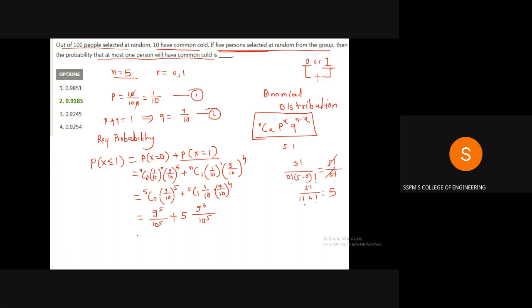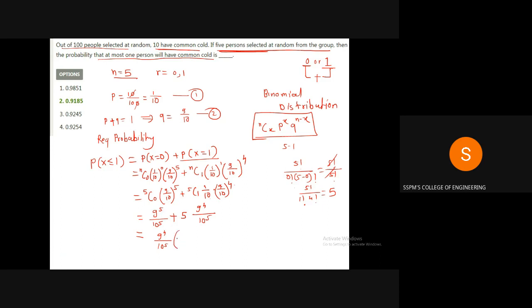Now there are common terms in both these terms. Here we have 9 raised to 5 and here 9 raised to 4, so 9 raised to 4 is taken as common, and 10 raised to 5 is present in both the terms, so we can take that common as well. What remains inside the bracket?